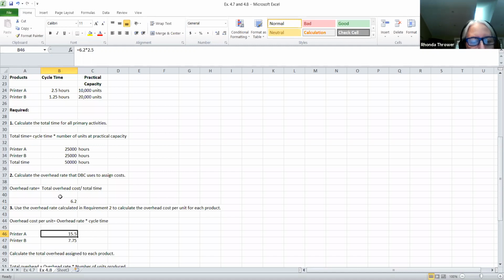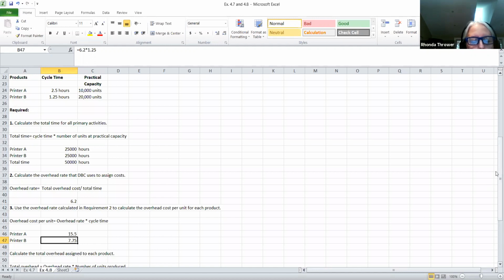Take the overhead rate that you calculated before, multiply it by the cycle time, and that will give you the overhead cost per unit for printer A, and do the same thing for printer B. This times the cycle time for printer B, which is 1.25, gives you $7.75 as the overhead cost per unit for printer B.